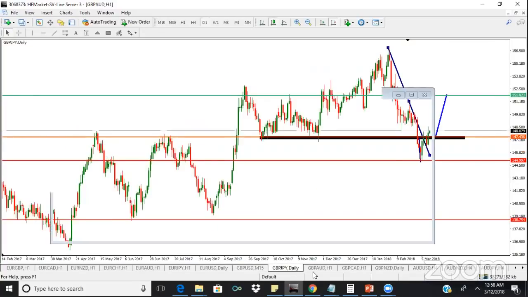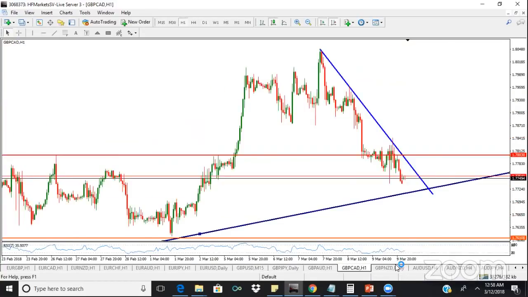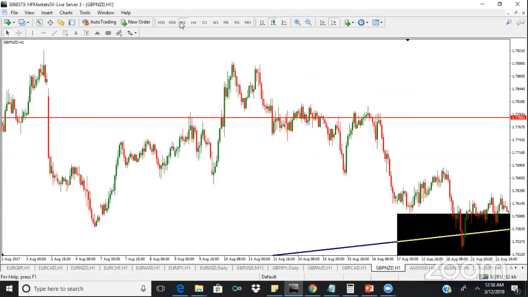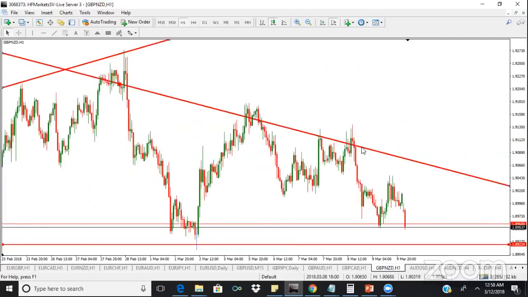People like GU. Okay, so let's do pound NZD. You can see this is the uptrend line. It was broken. It came back to retest. I'm only looking for a sell opportunity on pound NZD.